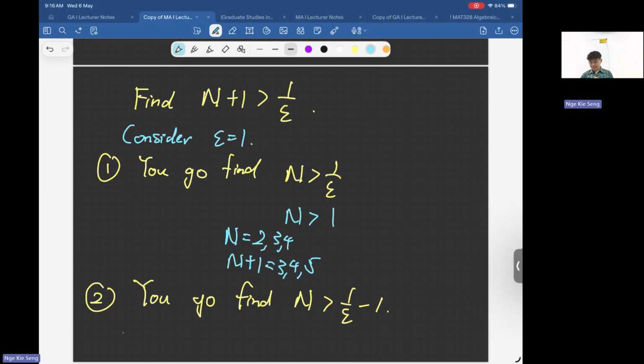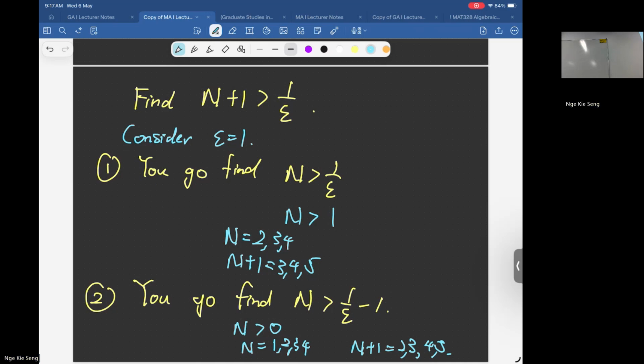But how about the other one? n is just greater than 0. Then your n could be 1, 2, 3, 4, and your n plus 1 could be 2, 3, 4, 5. So what did you see? The second case includes one more extra possibility. So you need to be careful when you write these down, which one you want. Does this extra possibility work or not?